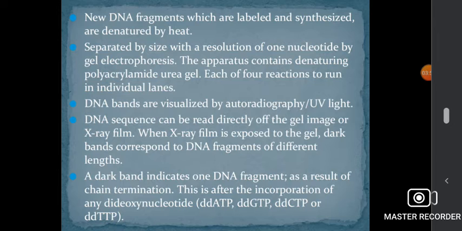The DNA sequence can be read directly off the gel image or X-ray film. When the X-ray film is exposed to the gel, dark bands appear corresponding to DNA fragments of different lengths. A dark band indicates one DNA fragment as a result of chain termination, obtained after the incorporation of a dideoxynucleotide.